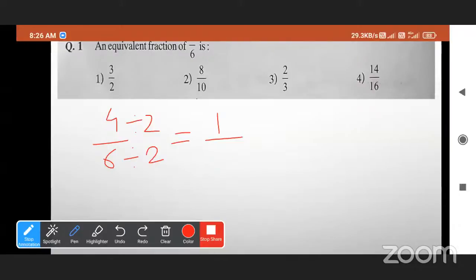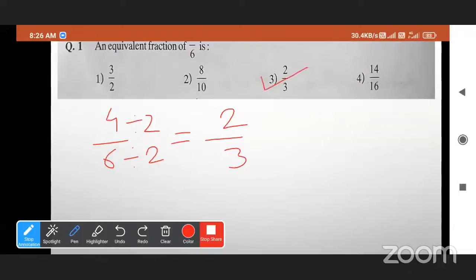That is 2 upon 3. So which one is the correct answer? The third one. Okay. So simply by dividing both numerator and denominator by 2, we will get 2 upon 3.